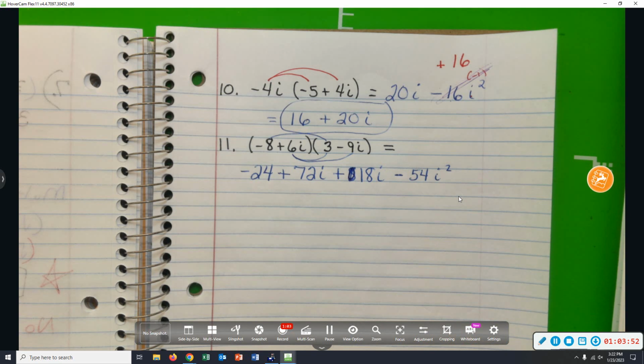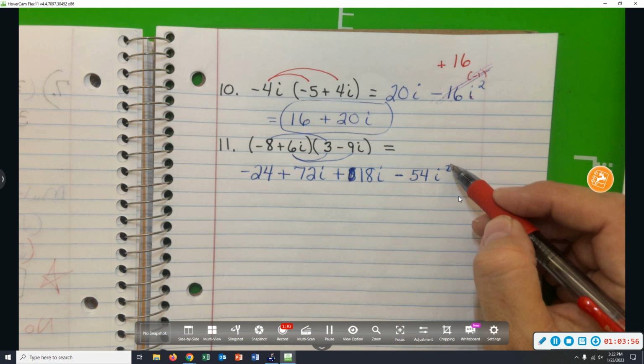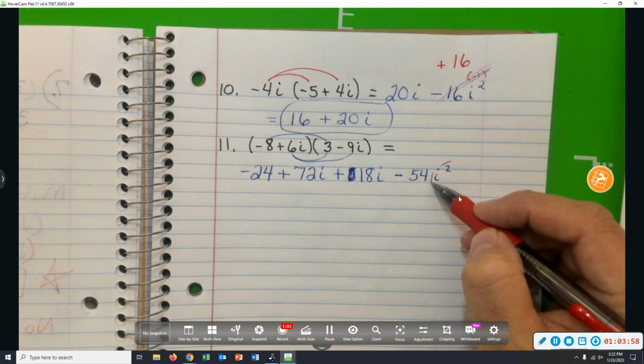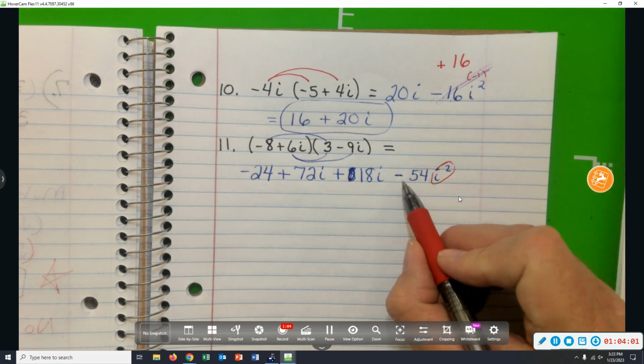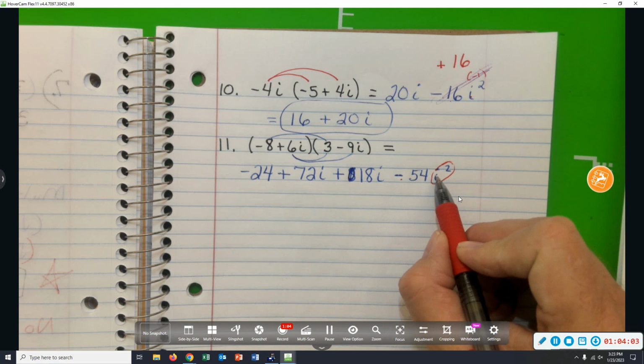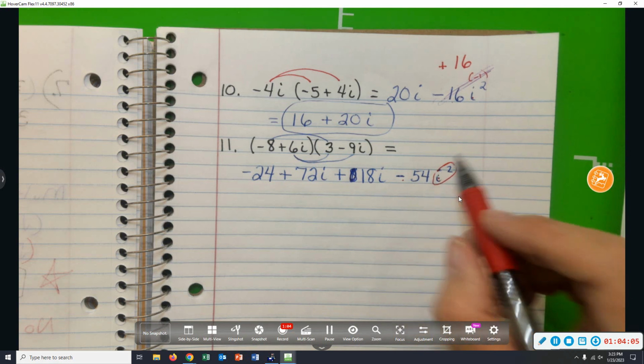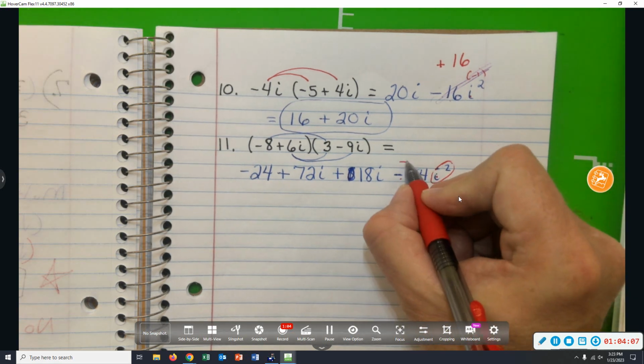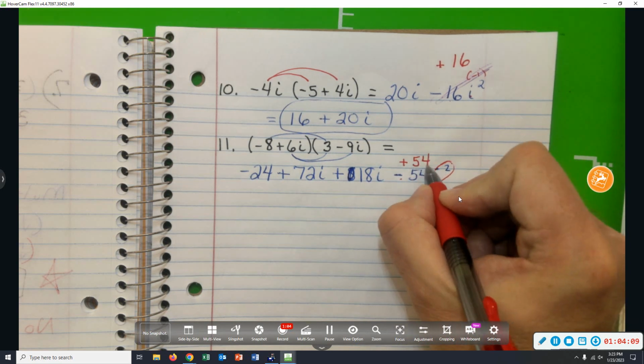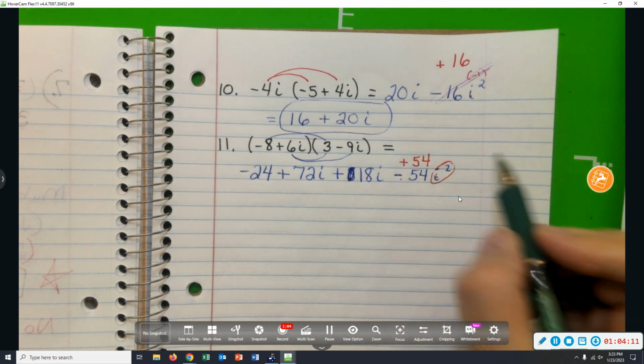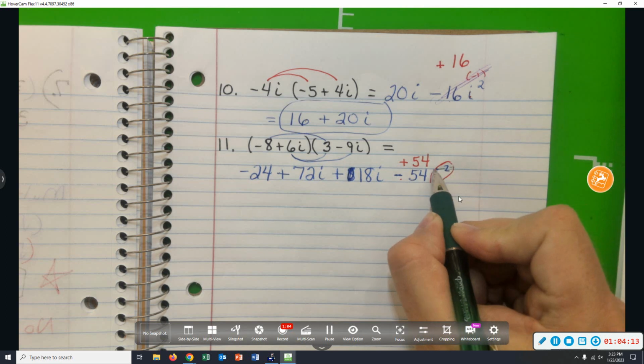I'm about to do this showing very few steps. Replace the i squared with the negative 1. So negative 54 times negative 1 is going to become a positive 54. And I'll mark all of that out.